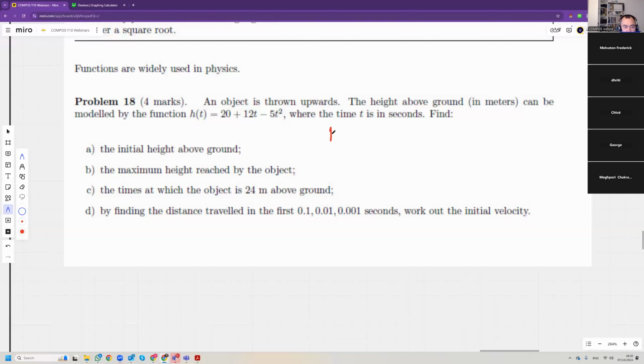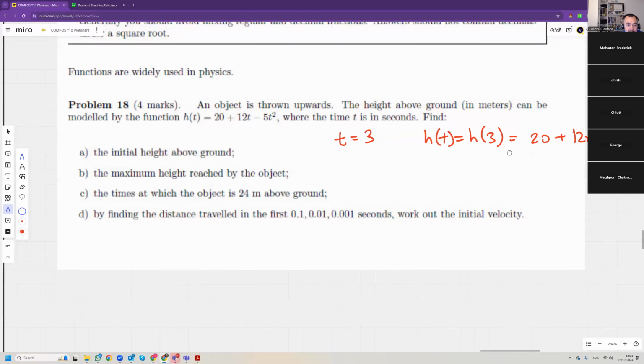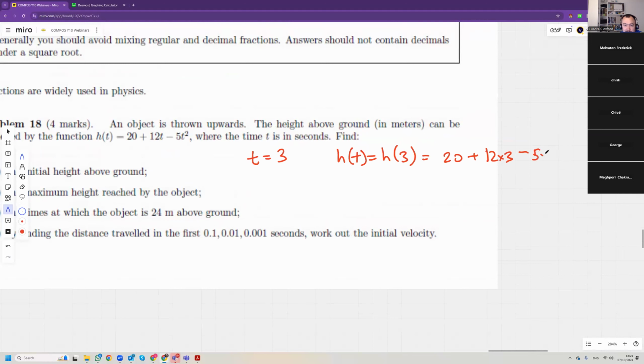So, for example, if t is 3 seconds, then h of t, which is h of 3, is 20 plus 12 times 3 minus 5 times 3 squared, which gives you 36 plus 20, 56, minus 45, 11 meters.